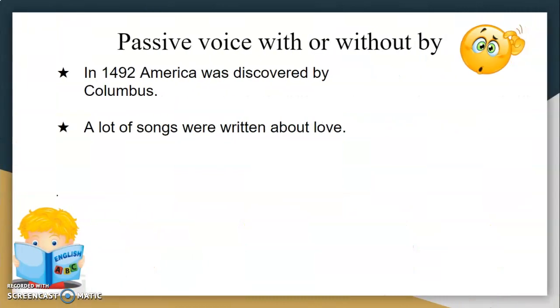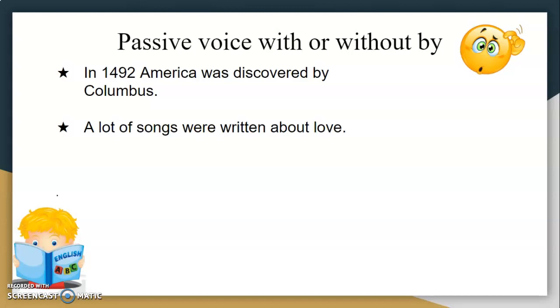Passive voice with or without by. This is a little complicated, but don't worry. If we have this sentence, in 1492, America was discovered by Columbus, and the other sentence, a lot of songs were written about love.